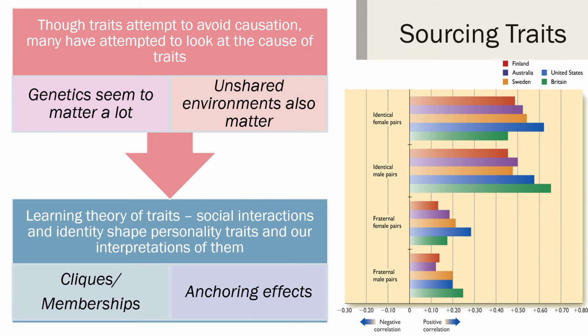And if we're looking for the source of many traits, it's probably important to note that developmental psychologists have played a role in this discussion, and what they've tended to find is that through the sibling studies we've discussed earlier, genes do seem to matter a lot. And we haven't, if you're wondering, found a specific gene that's linked to one of the Big Five traits.